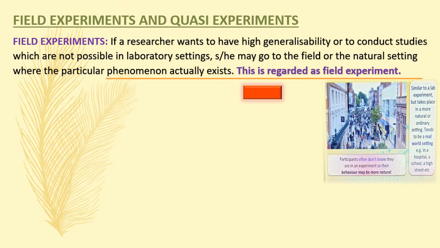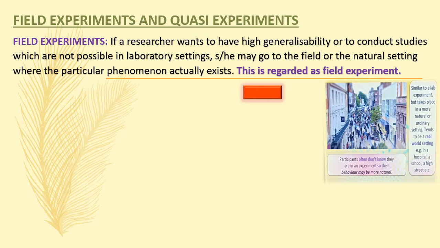Field experiments and quasi-experiments. So field experiments, by the name itself, I hope you all have understood what it means. Suppose a researcher wants to have high generalizability or to conduct studies which are not possible in laboratory settings, she or he may have to go to the field or the natural setting where the particular phenomenon actually exists, and this is regarded as field experiment.